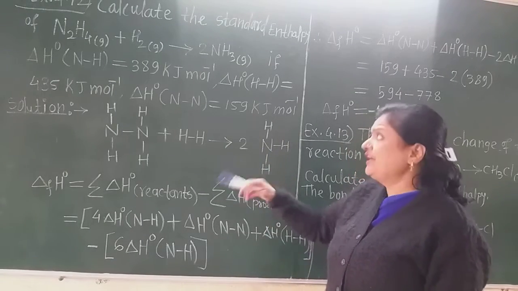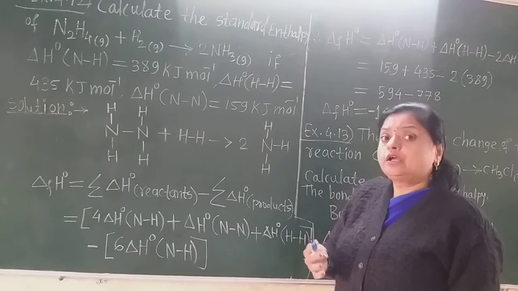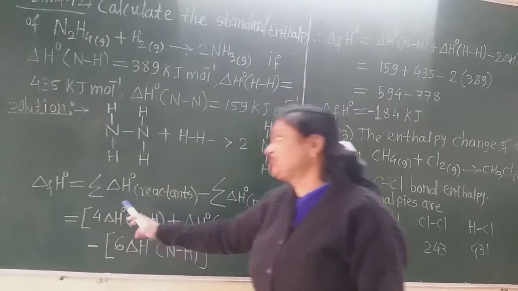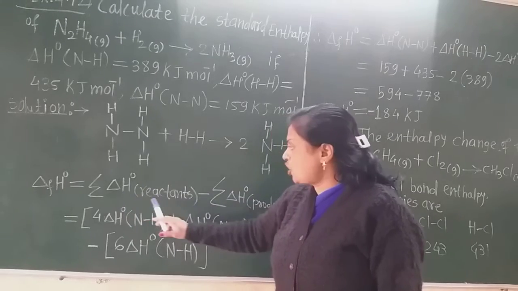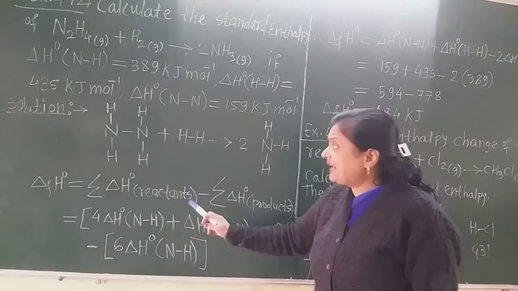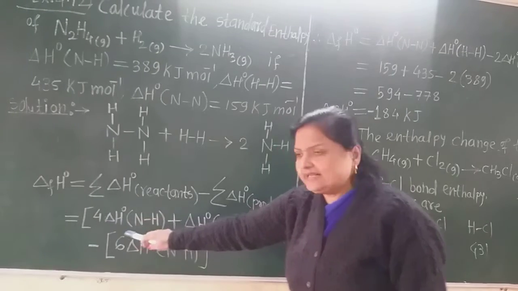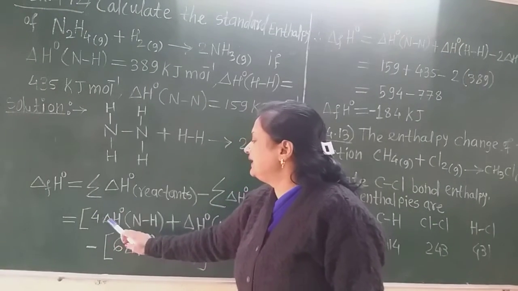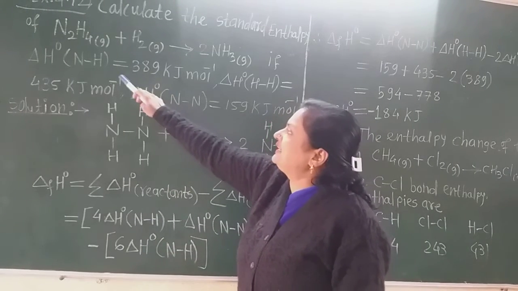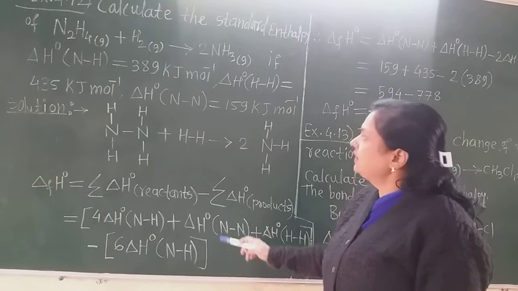Now we have been given the bond enthalpies. Now only substitute the values into the formula. What is the formula? Delta H0 is equal to summation of enthalpies of reactants minus summation of enthalpies of products. Now the reactants are here. How many N-H bonds? 4 N-H bonds. So I write here in the square bracket 4 into delta H0 of N-H. Here we substitute the value of this delta N-H, that is 389, after this step. Again what is there here?